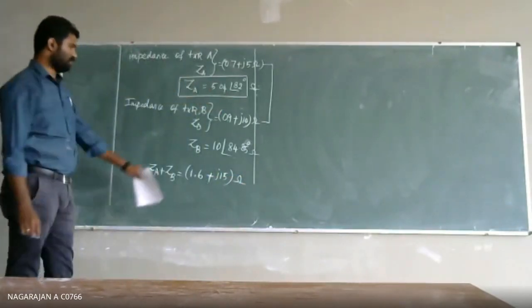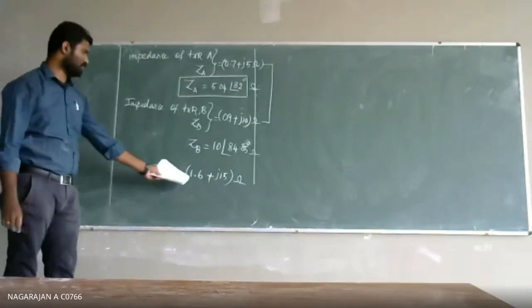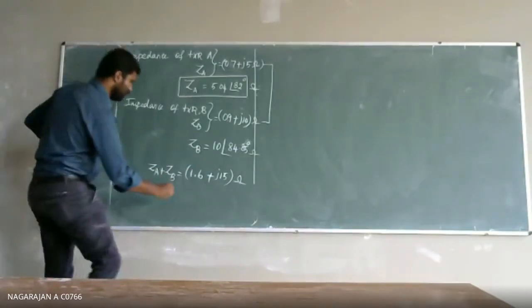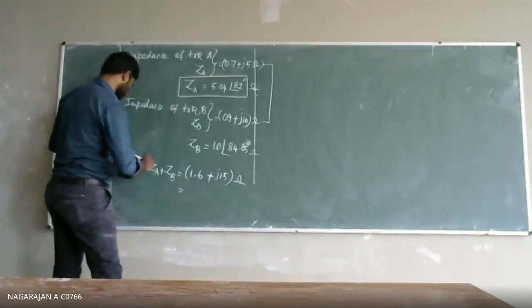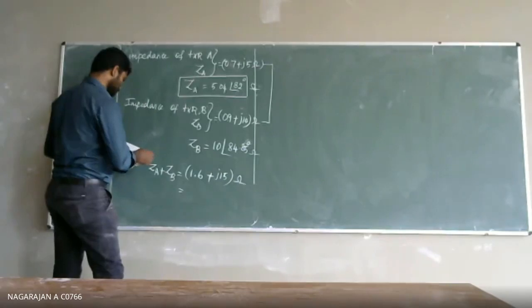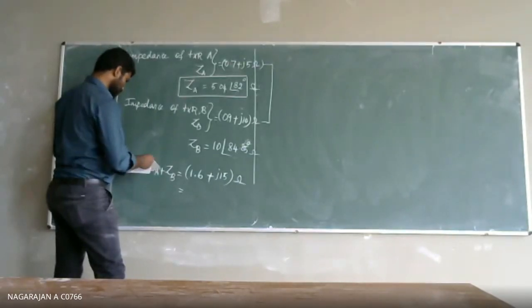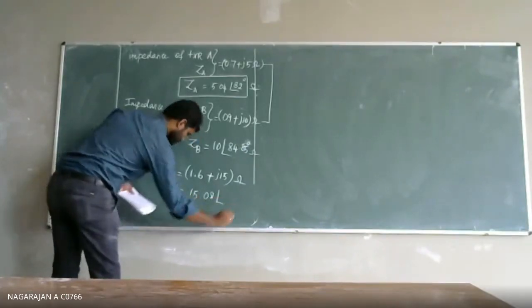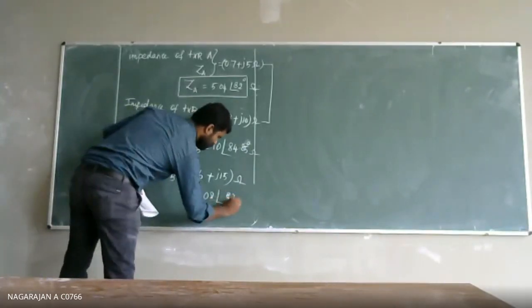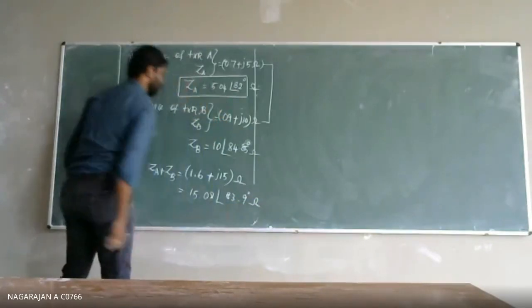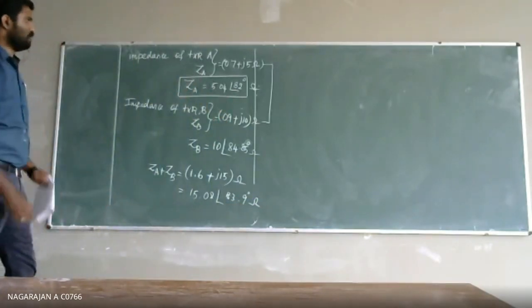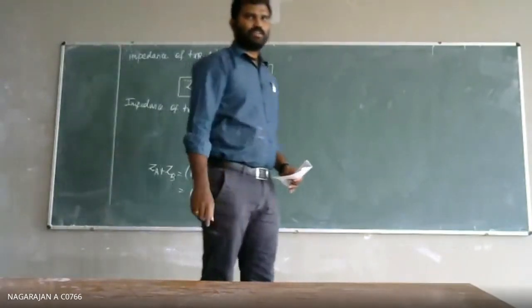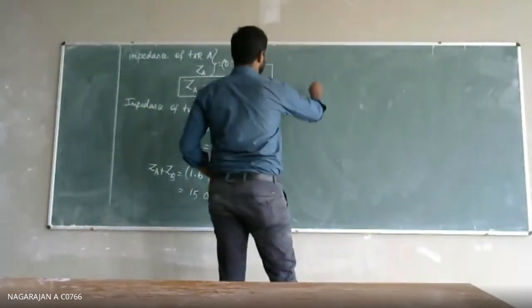So the sum of ZA and ZB is 1.6 plus J15 ohms. After converting this into polar form, I'll be getting 15.08 with an angle of 83.9 degrees ohms.